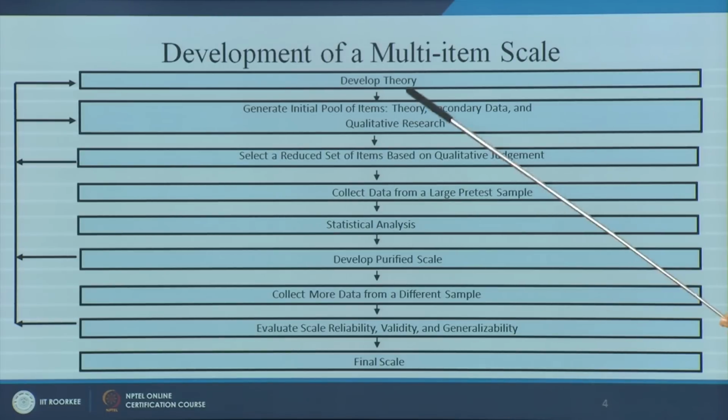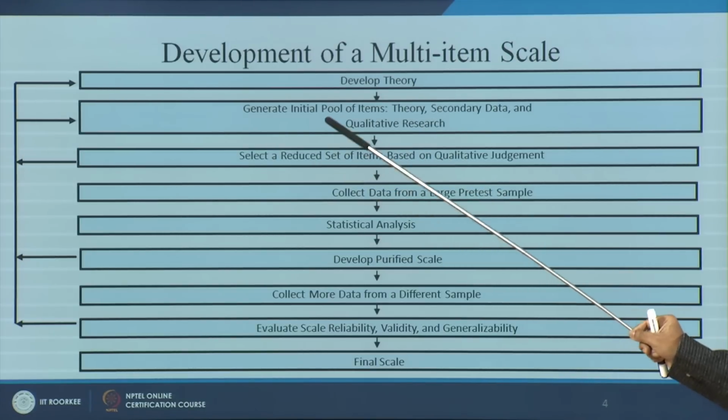First of all you have to start with the theory and then generate a pool of items. Please underline this, it is important: you are generating a pool of items, each item is like a question, drawn from the theory or any other secondary data.